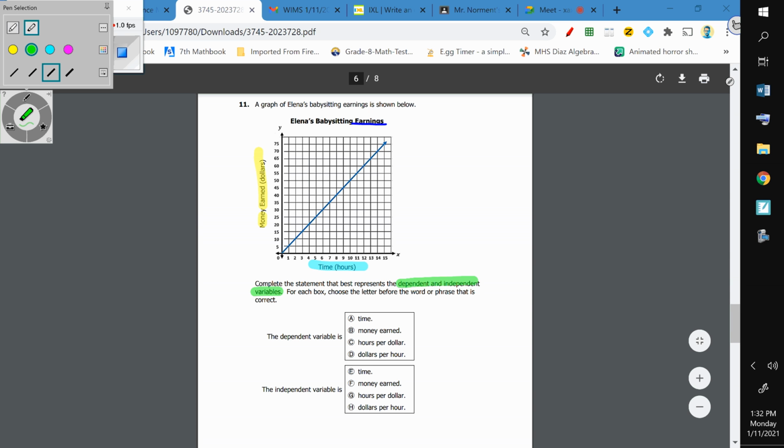So, it's either going to be this, or it's going to be that. C and D are not involved. Dollars per hour and hours per dollar, that's more of taking a ratio and dividing, and that's not involved with this one. Number 12.